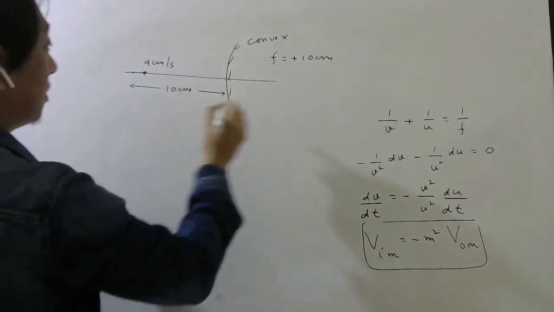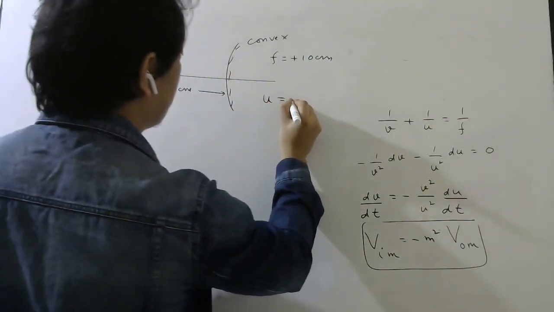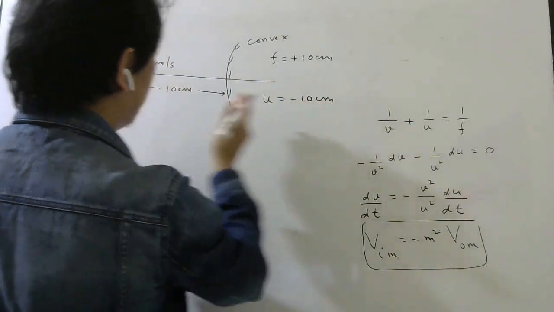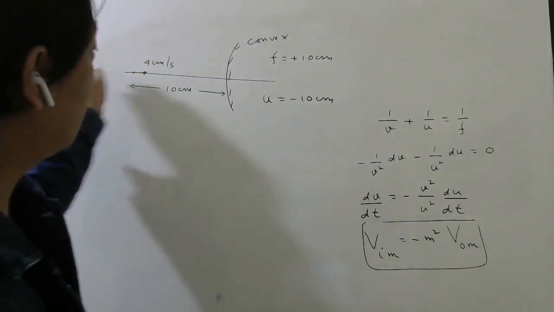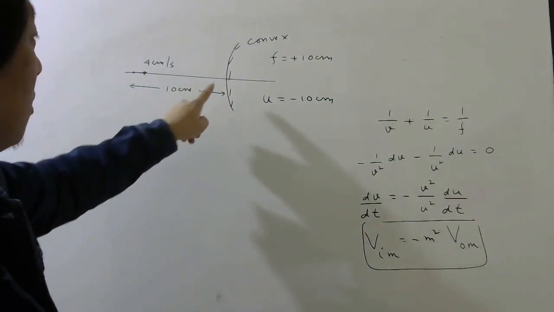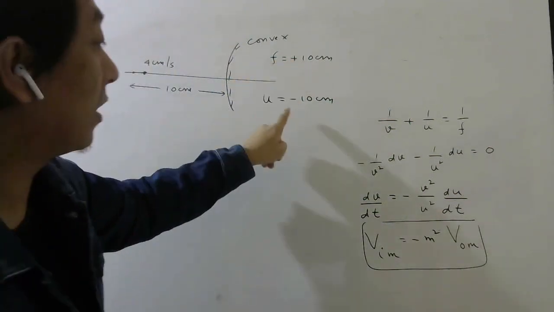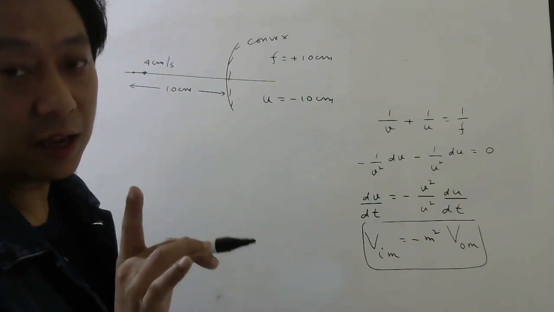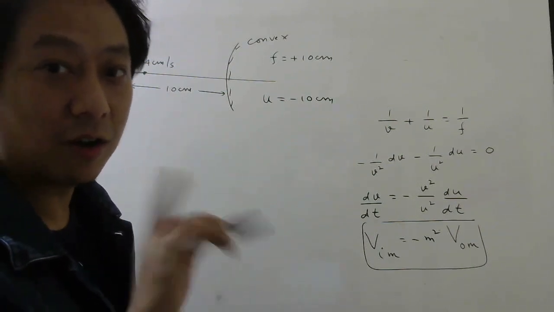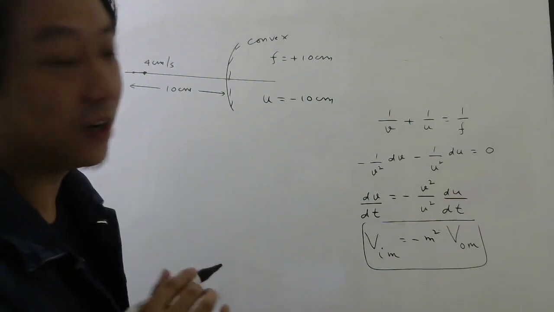And what will be object distance at this instant? Object distance at this instant will be minus 10, because it is towards the left. Incident rays are coming from left to right. Object distance will be from pole to object, so opposite to incident ray, so negative. And for convex, we know it is positive. Focal length can be found directly by remembering convex has positive focal length, concave has negative focal length.